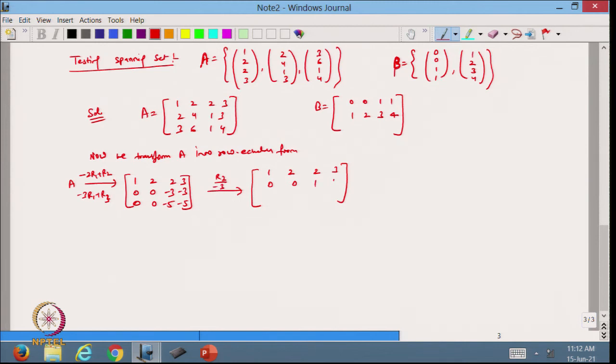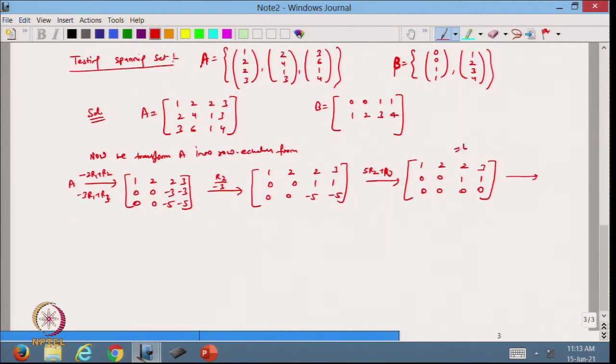So, it will become 0 0 1 1 and 0 0 minus 5 minus 5. Okay, so I will convert this one into the 1 1, and now I am applying 5 R 2 plus R 3. So, it will be 0 0 0 0. So, that will be coming. So, this is the echelon form.